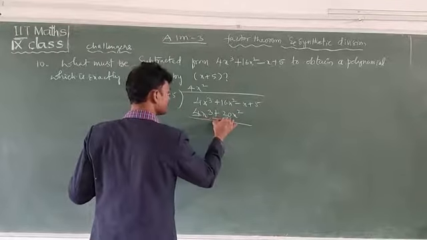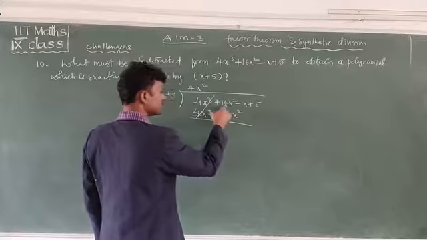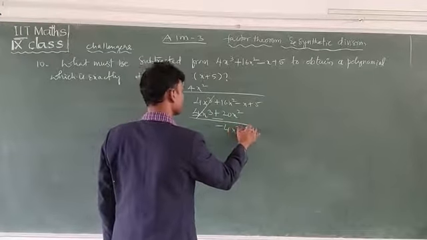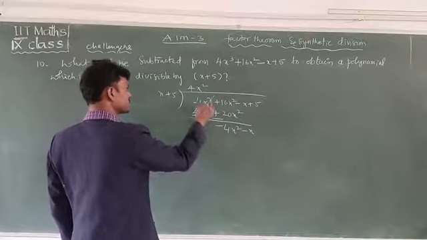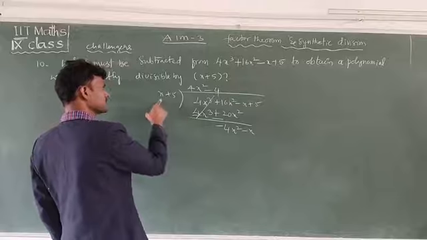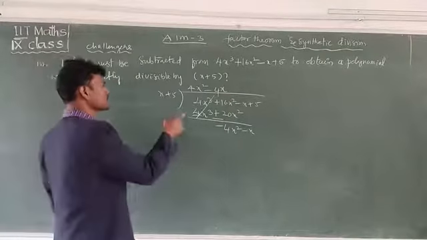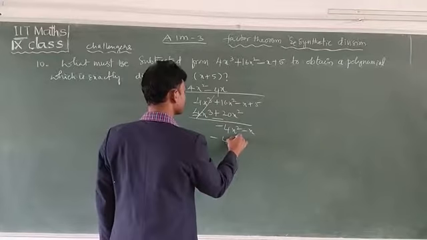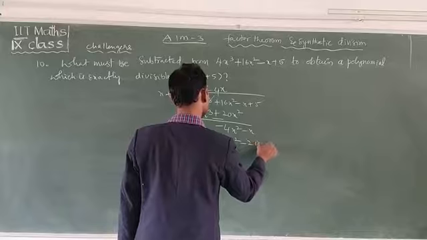Subtract here, minus, minus, this cancels. Now 16 minus 20 is minus 4x square, and minus x. Now you write here minus 4x square, this is x. Then you have to multiply it by minus 4x. Minus 4x into x is minus 4x square, minus 4x into 5 is minus 20x.